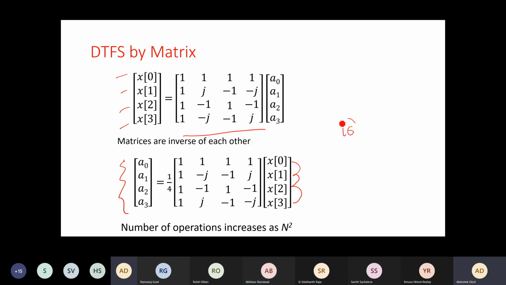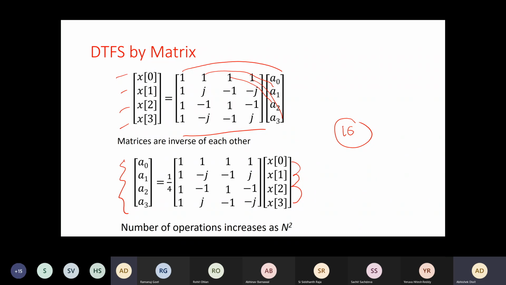Number of multiplications is 16, right? Because you have to multiply 1 with A0, this with this, this with this, and you have to do 4 multiplications 4 times because there are 4 rows. So the total number of multiplications is 16.